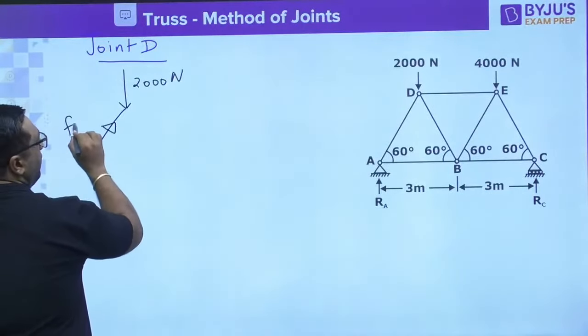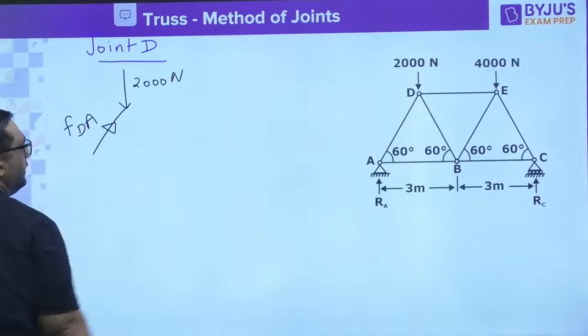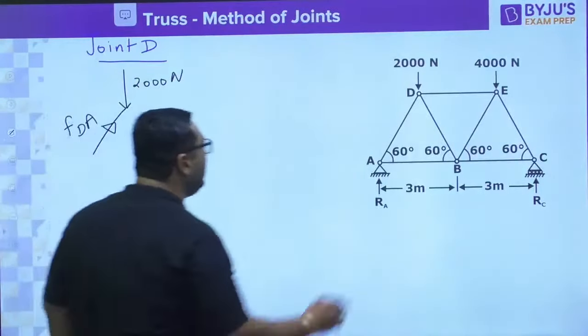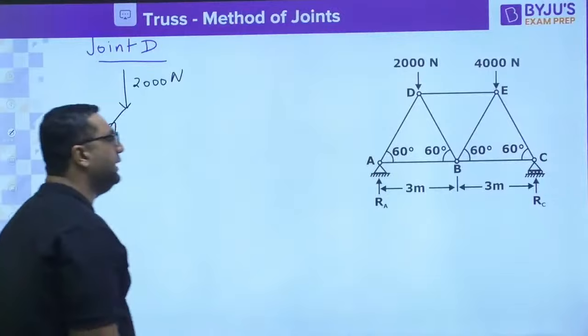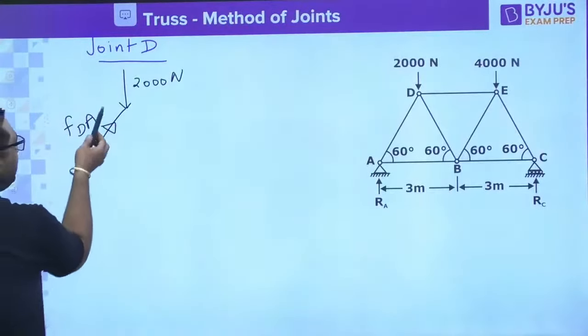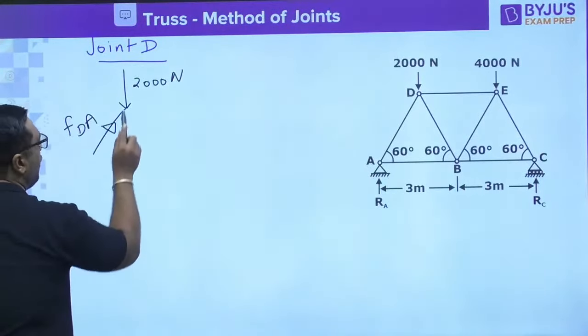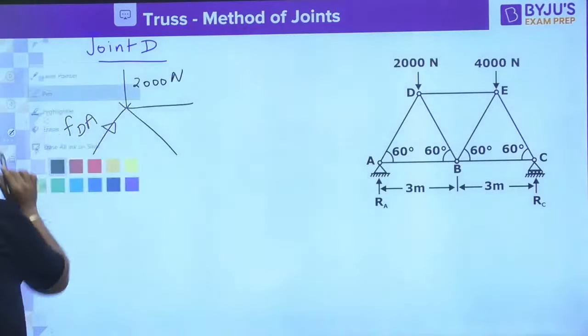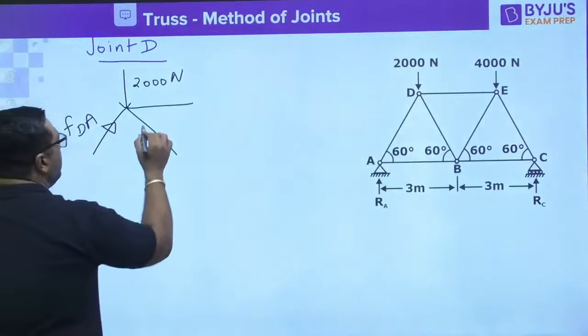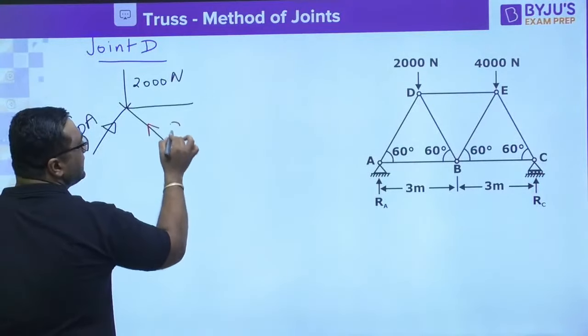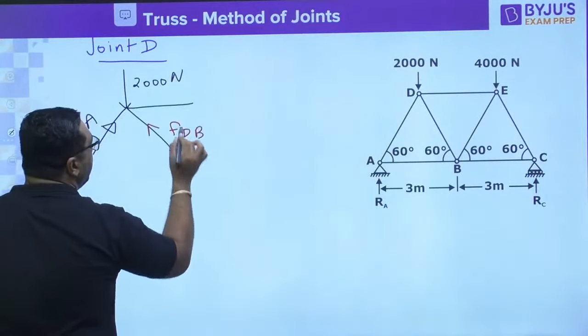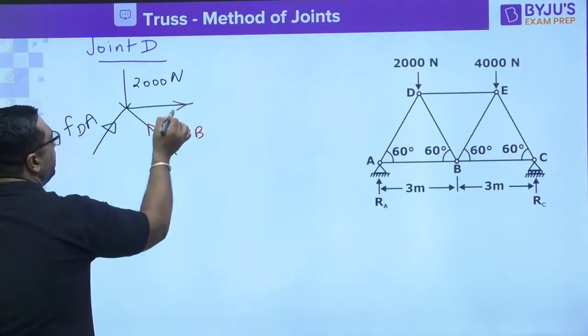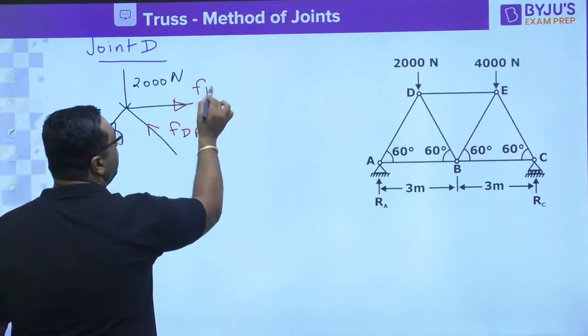This is FDA, because at joint D we are talking, FDA now will be the name. And my dear, as it is acting upward, obviously now we have 2 more forces here and here. So we have to assume some direction. We will assume the direction to be like this. This is FDB. And to balance them, you will have here the force FDE.